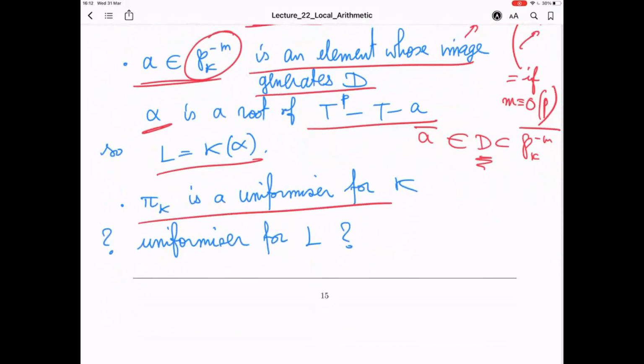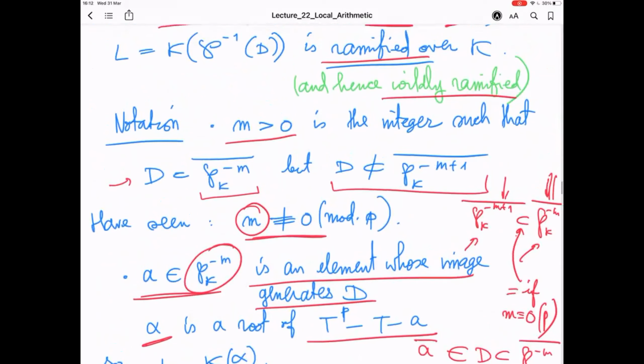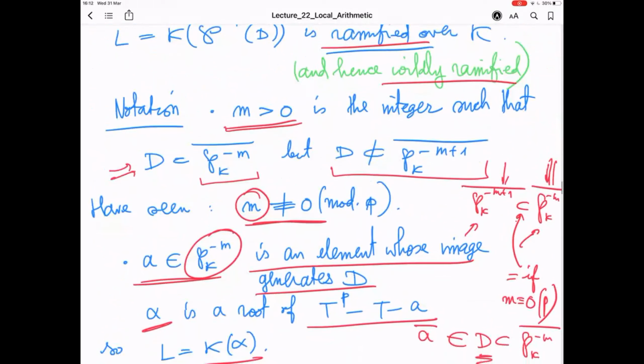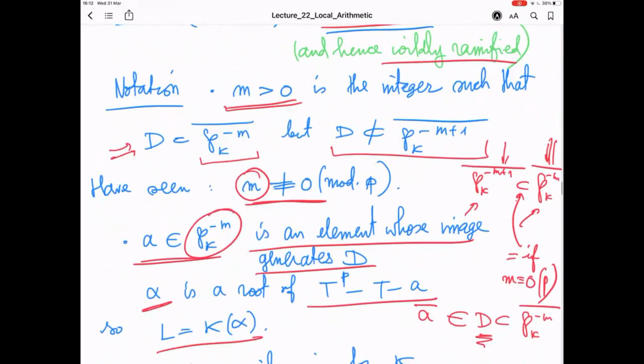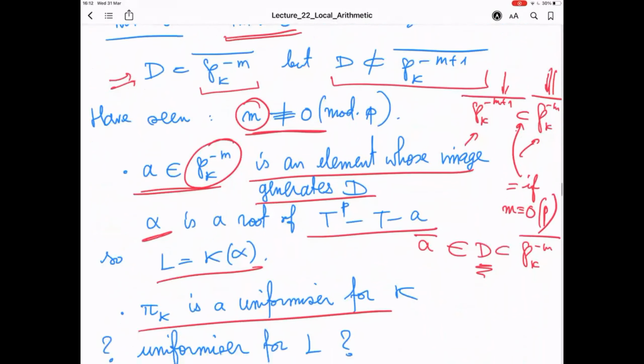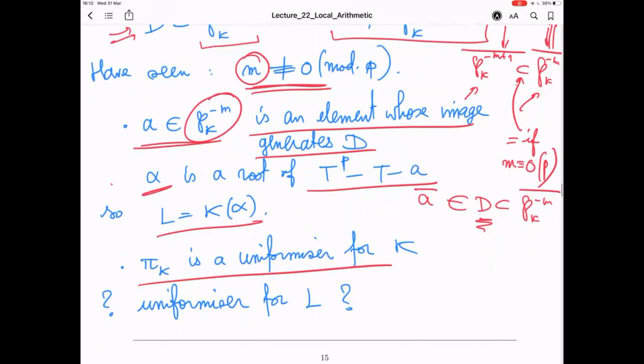And then I take a uniformizer for k. That's the notation. I'm taking a line and it's in ℘_K^{-m} bar, but not ℘_K^{-m+1} bar. m is some integer which is strictly positive and prime to p. Alpha is a root of the polynomial t^p - t - a, which has to be irreducible, of course, over k.